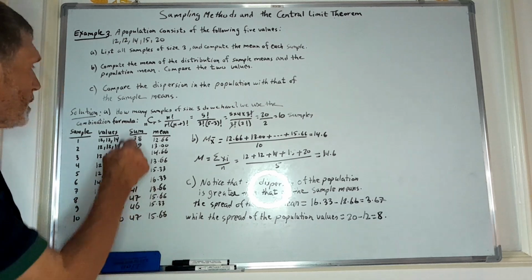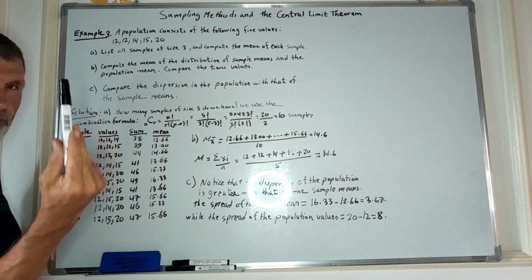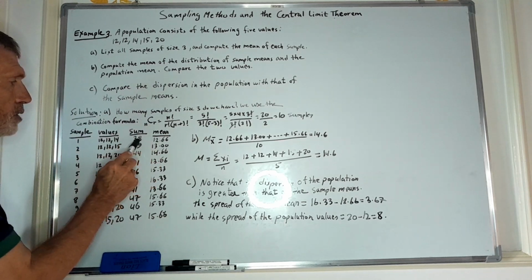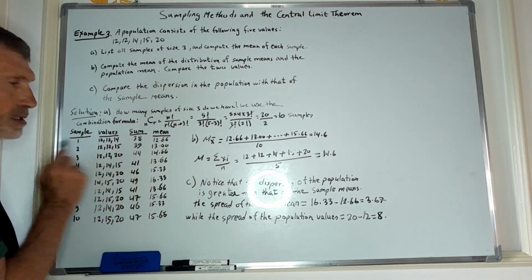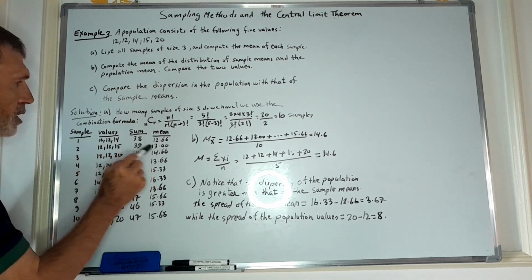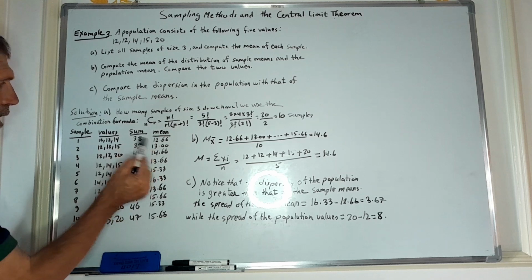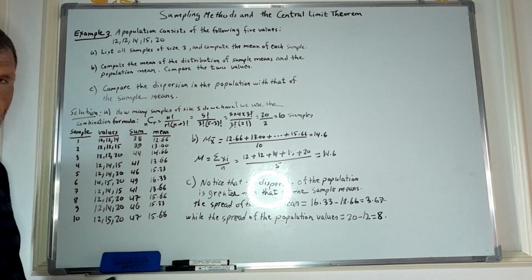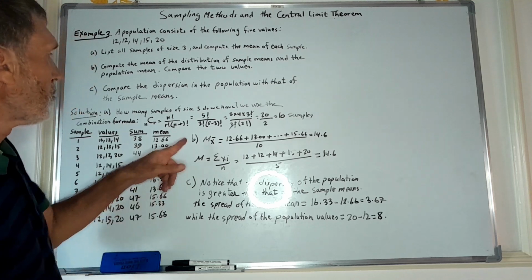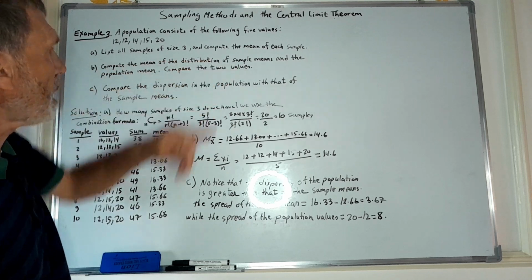Now, if we sum all the values, each sample consists of 3 values. So we sum them, and it becomes 38. It means 38 over 3 becomes 12.66. The sum of this is 39. 39 over 3 becomes 13, and so on and so forth. You just sum them and divide by 3, and we come up with all these means. Okay, now, part B, compute the mean of the distribution of the sample means.